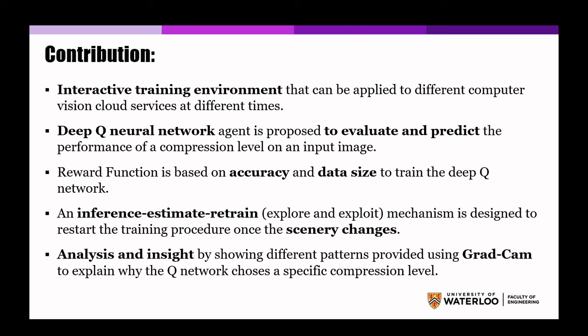So we have to make our algorithm adaptive to these different views. Analysis and insight will be shown in this presentation by showing different patterns provided using GradCAM to explain why the Q network chooses a specific compression level, which also means quantization factor.